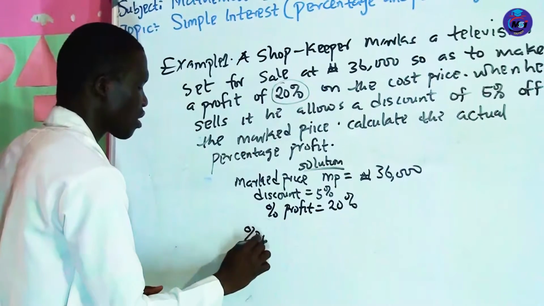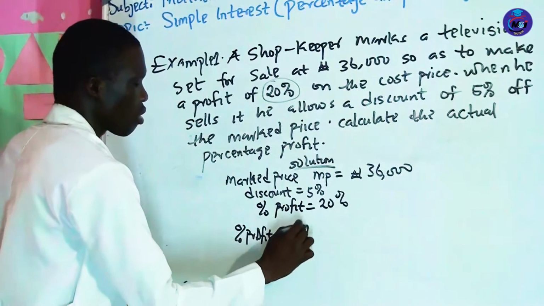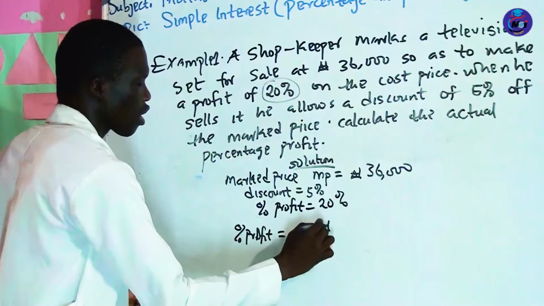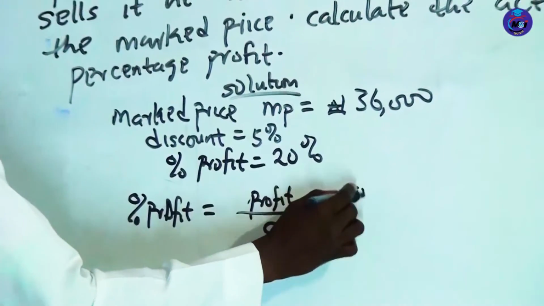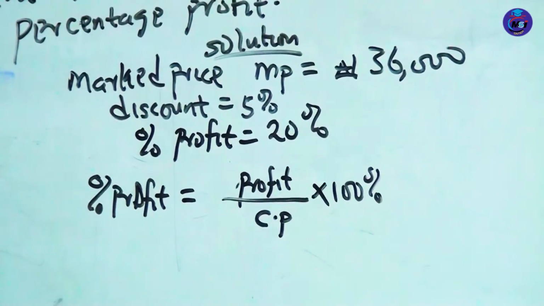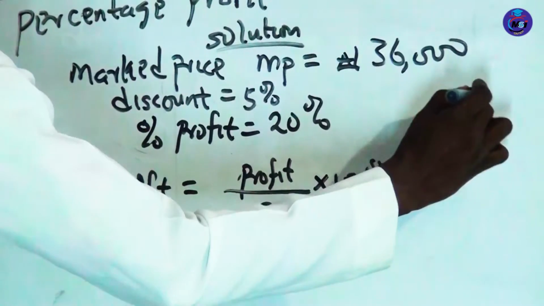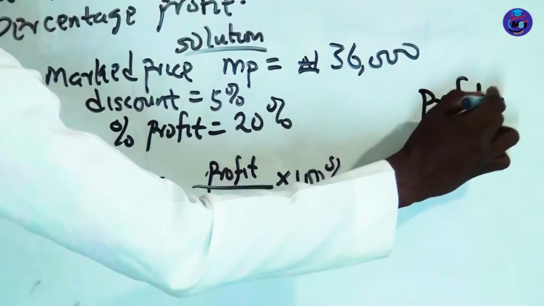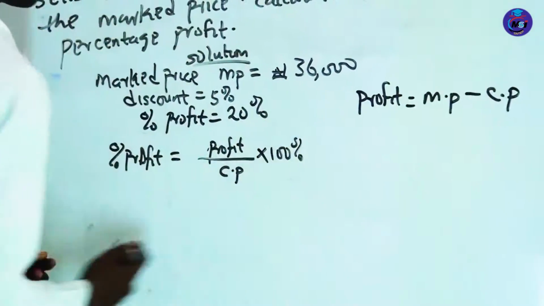Percentage profit equals profit all over cost price multiplied by 100%. Now, something wants to happen here. Profit is mark price minus cost price.